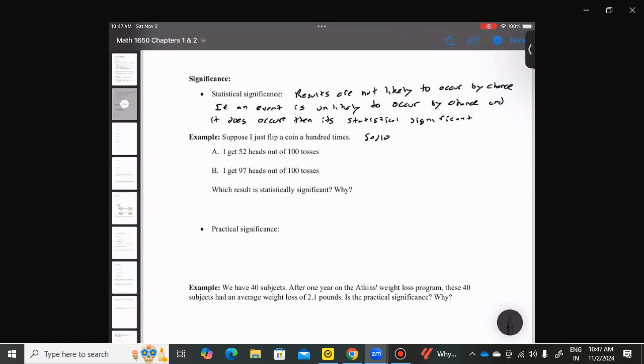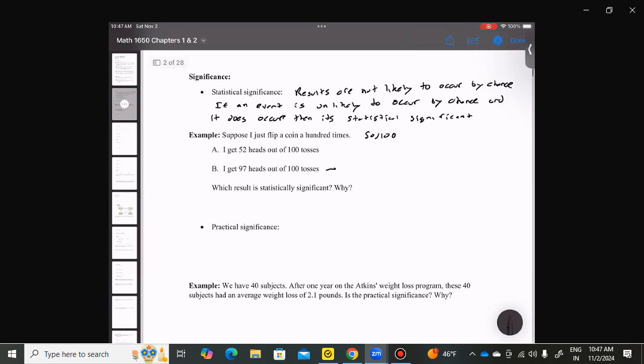Right, so if we're expecting 50 out of 100, 52 is not far off. It's caused by just sample fluctuations. You're not going to actually get 50 out of 100 every time. But it's not unlikely. 97 out of 100 tosses, though, is very unlikely.